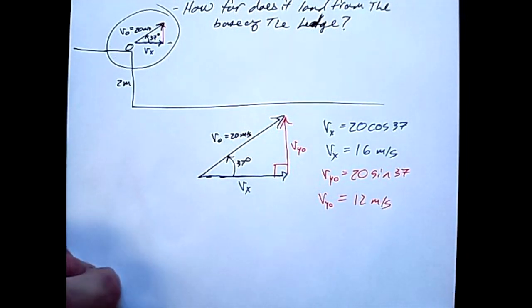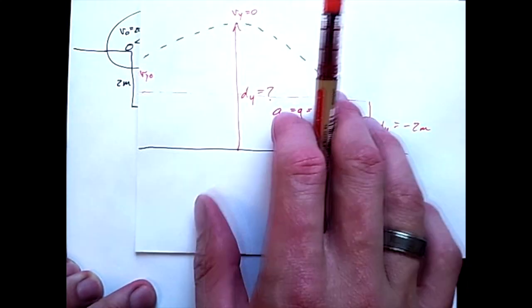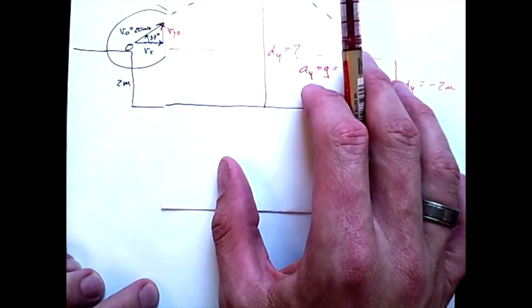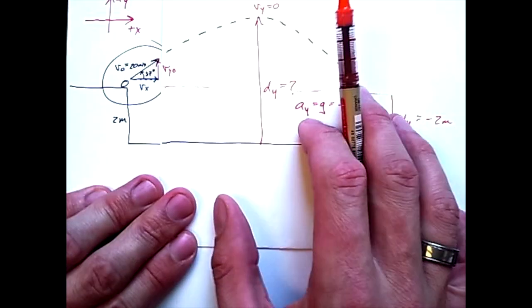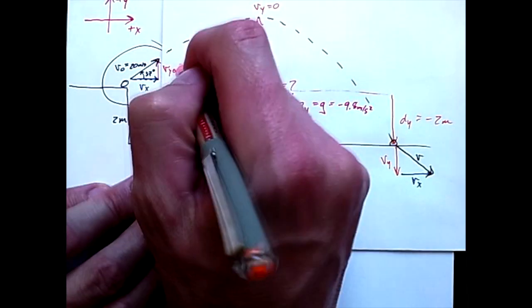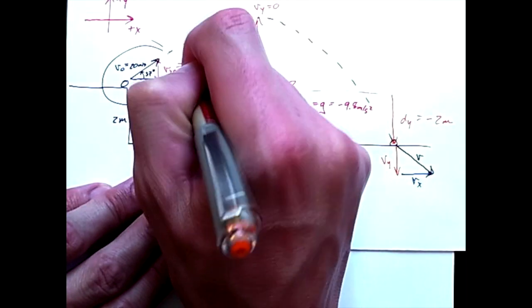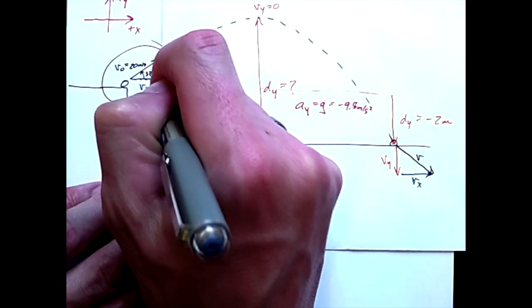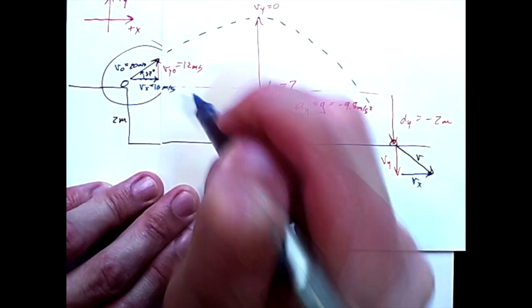And so now I can take that knowledge and fill it in on my original diagram. If I went back to my original picture, I could fill in the fact that I now know that Vy naught is 12 meters per second and Vx is 16 meters per second.